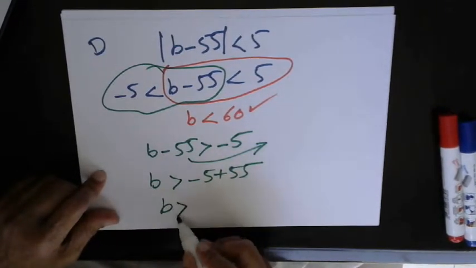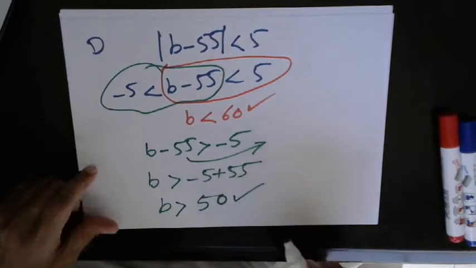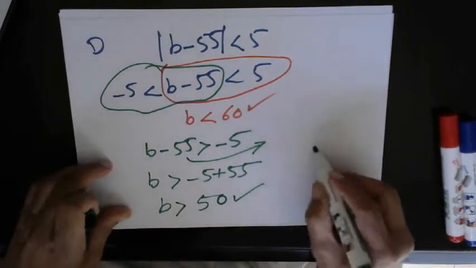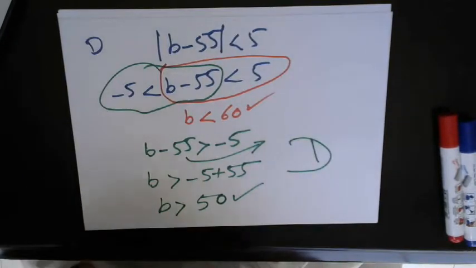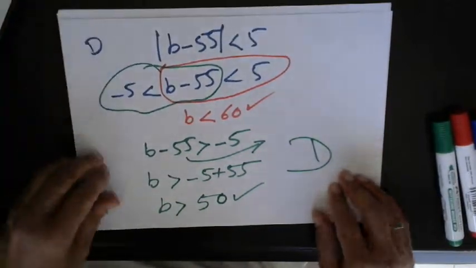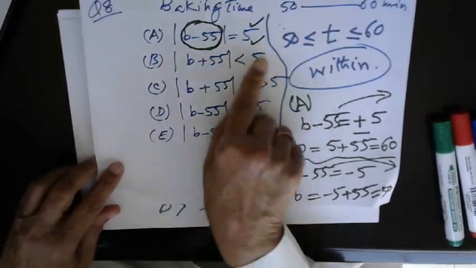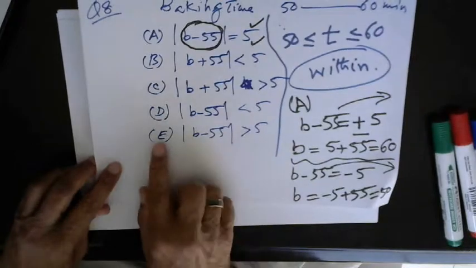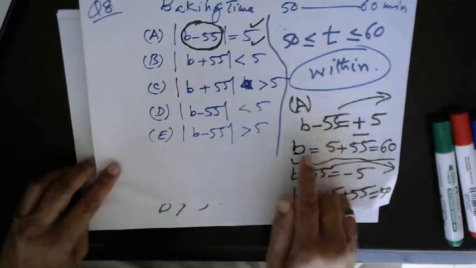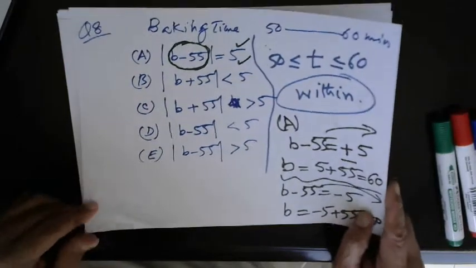In other words, B is greater than 50. This is also correct. So the answer is D. Now, because we have found the answer and we also know how to deal with these inequalities, I am not going to do the rest. If you are interested in doing it, you can do it. But we have found the answer as D.